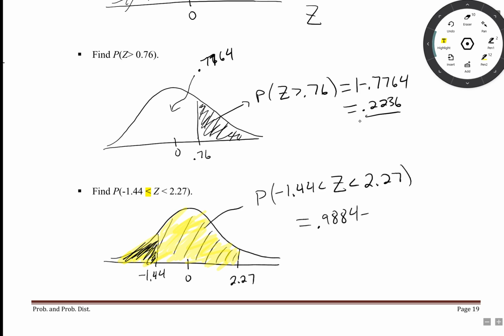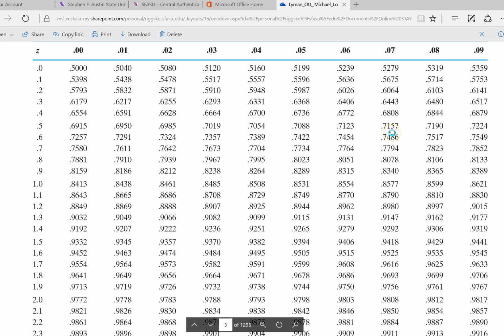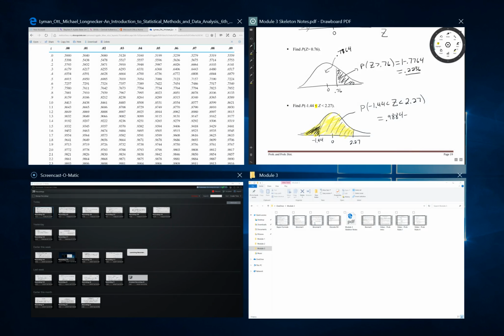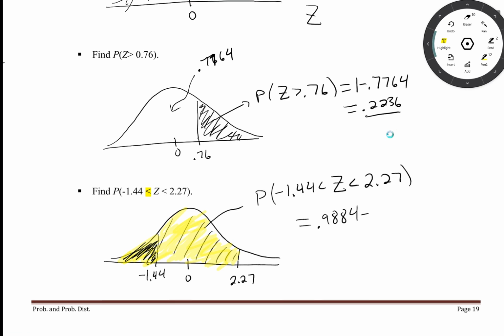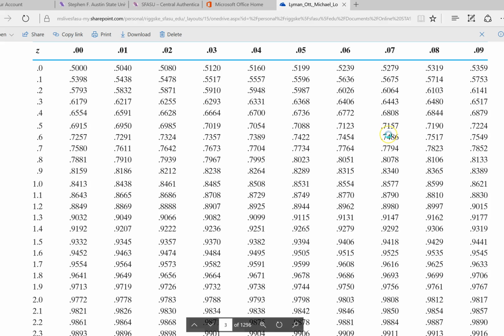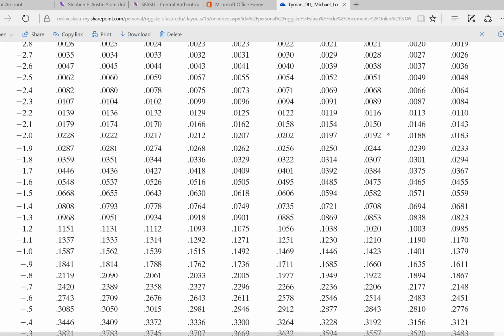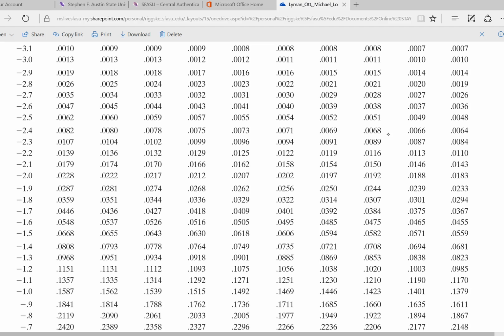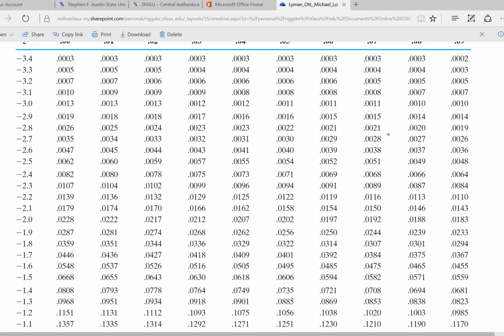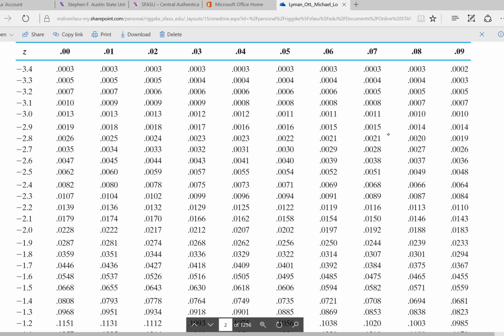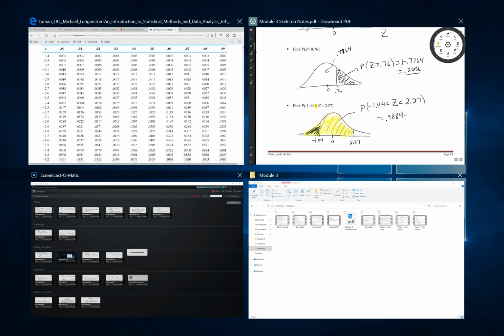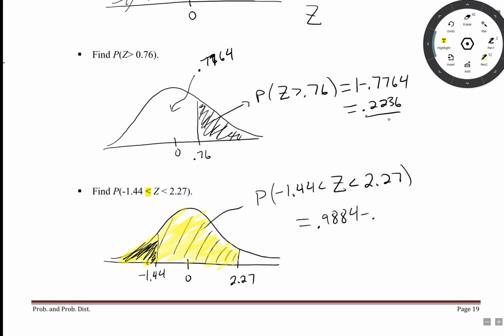So here we have 0.9884 minus, going back to our table, the left area associated with negative 1.44. So I'm going to come up here, go to the first part of table 1, negative 1.4, come over to the fifth column here, 0.0749.